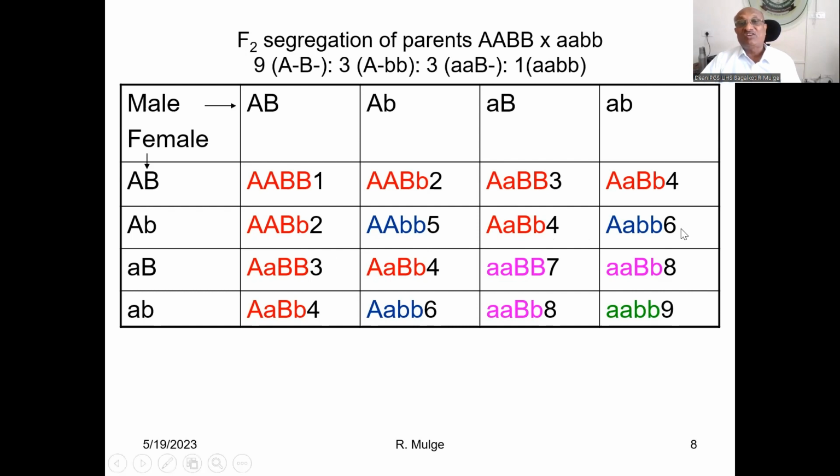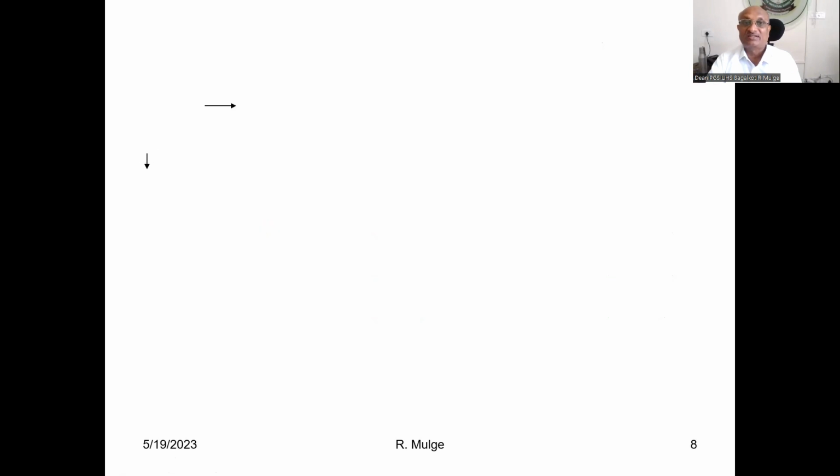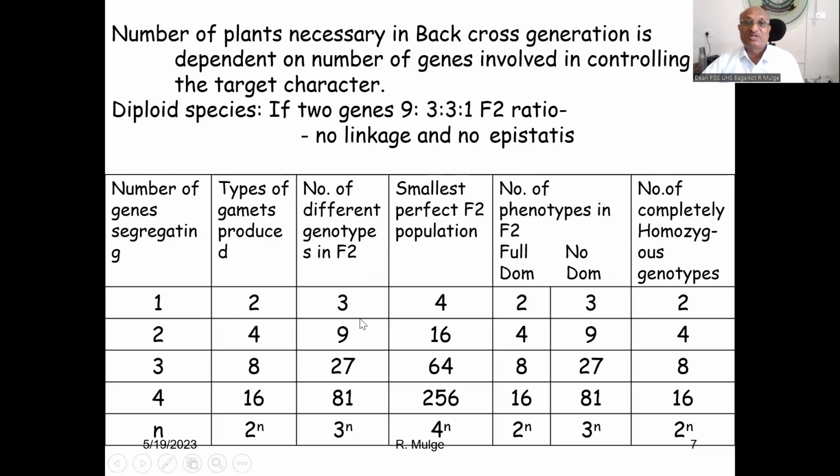Sixth is first heterozygous, second homozygous recessive. Seventh is first homozygous recessive, second homozygous dominant. Eighth is first homozygous recessive, second heterozygous. And the ninth is homozygous recessive for both genes. So you have got 9 different types of genotypes.